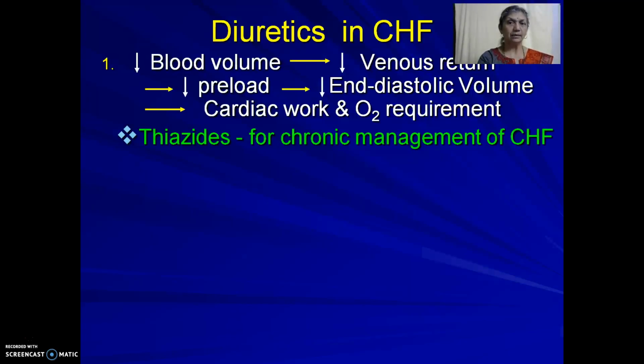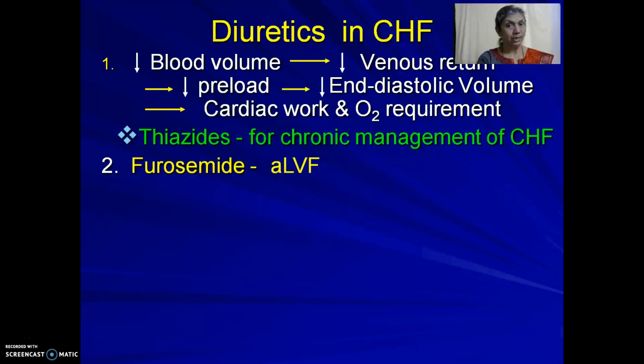Moderate efficacy is a beneficial effect here because in the long run, the chances of electrolyte imbalance are less, and this moderate effect is sufficient for maintenance in chronic management. Furosemide, the more aggressive or more effective diuretic, is reserved for acute aLVF.